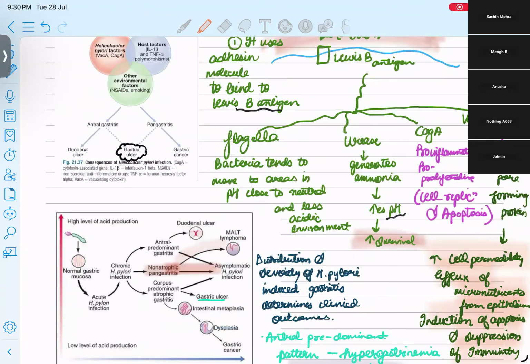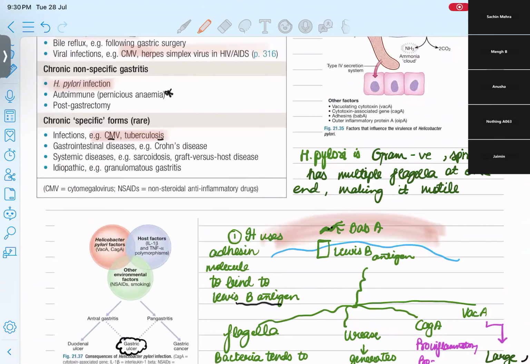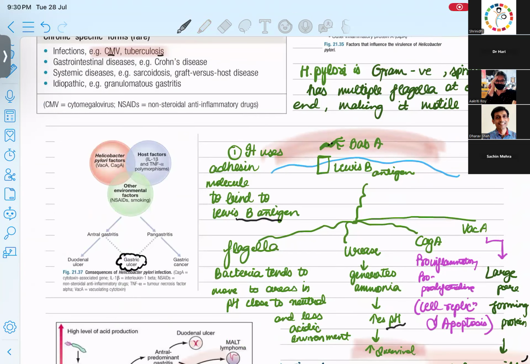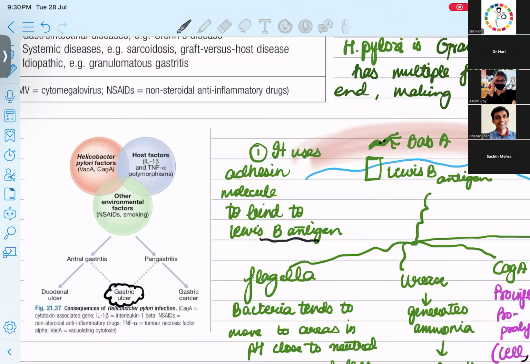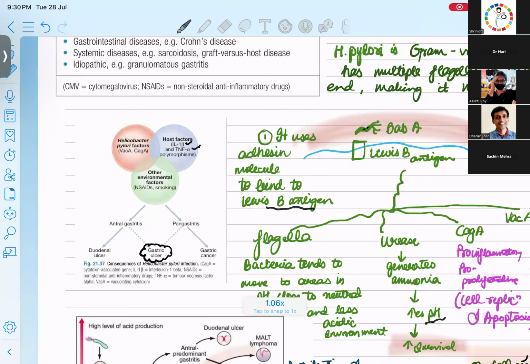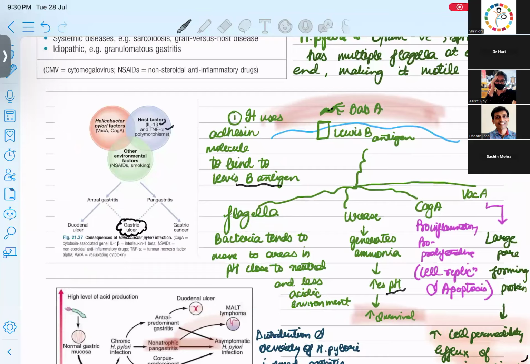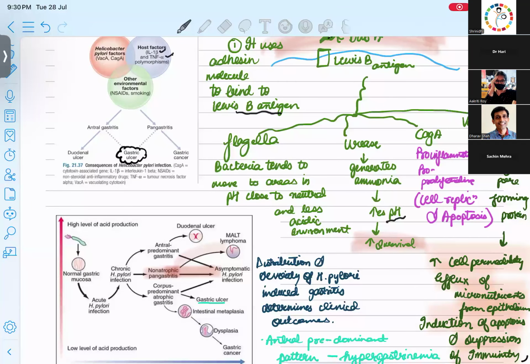So flagella, urease, CagA, and VacA, all these adhesins and other proteins, along with host factors like interleukin 1 beta and TNF alpha, because of their polymorphisms, the immunity of the gastric mucosa is decreased and H. pylori gets the opportunity to enter the mucosa, facing all the barriers that we studied during the defense mechanisms, and move inside the gastric glands and ultimately to the mucosal layers.